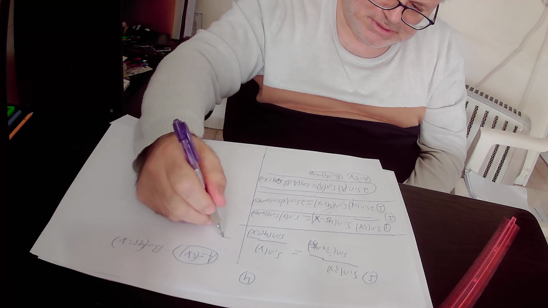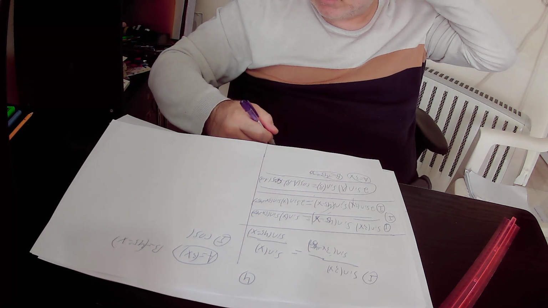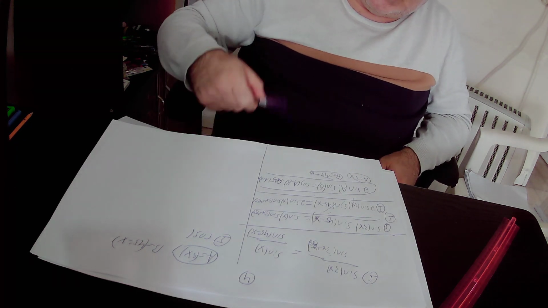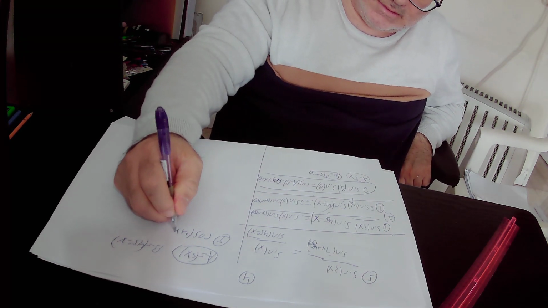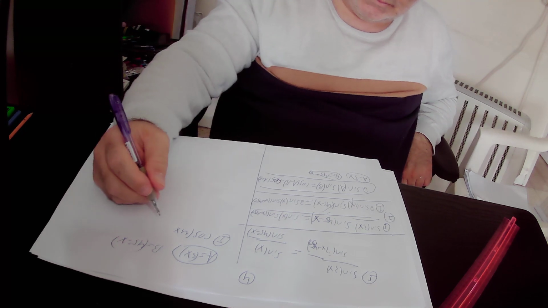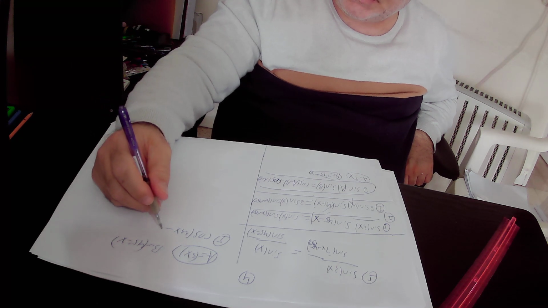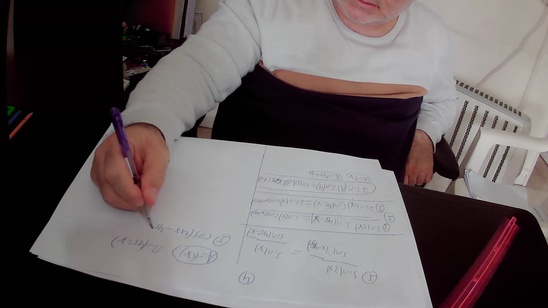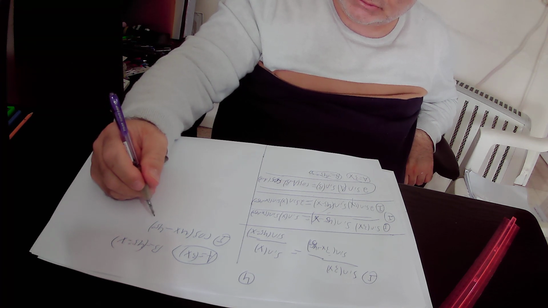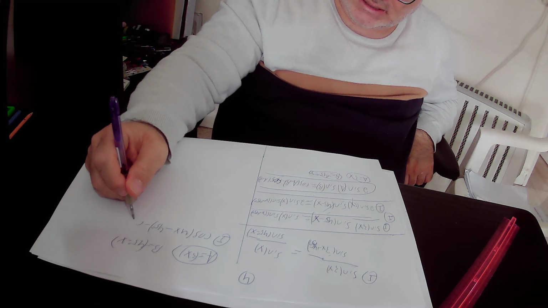So cosine (A minus B) will be equal to cosine, where A is 3x and B is 45 degrees minus x, so 3x minus x is 4x, and 0 minus 45 degrees is 45 degrees, so we got cosine (4x minus 45 degrees), minus cosine (A plus B).